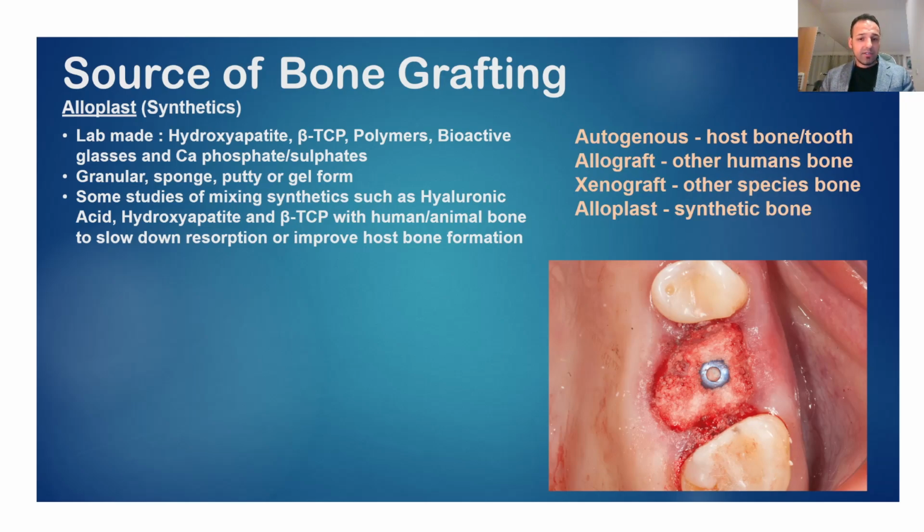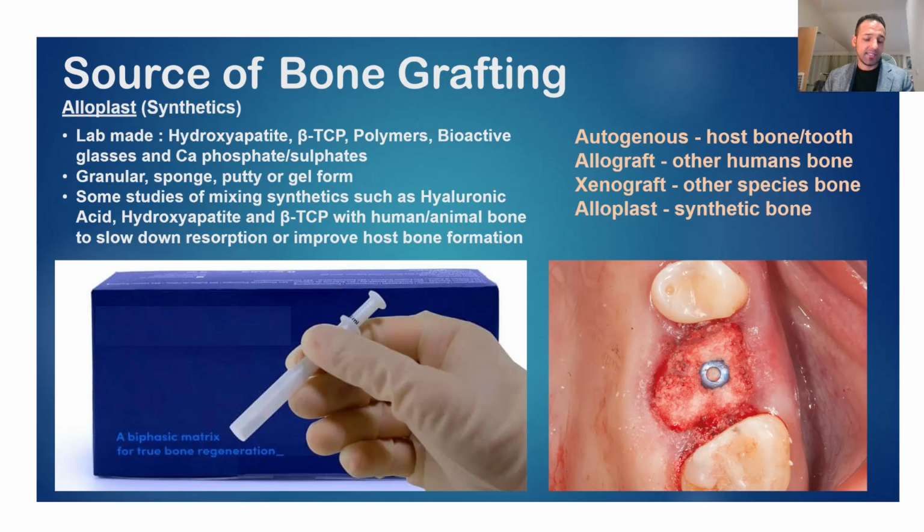So without going into too much detail, essentially to slow down resorption of the bone graft and to improve host osteoblasts growing into the area. And this is a photo of Ethos. It comes in a syringe form, and there are many versions of this out there.